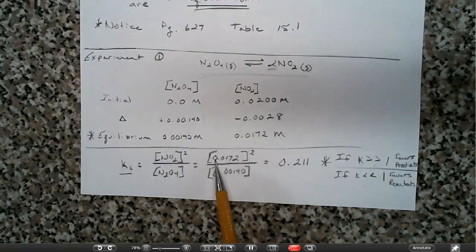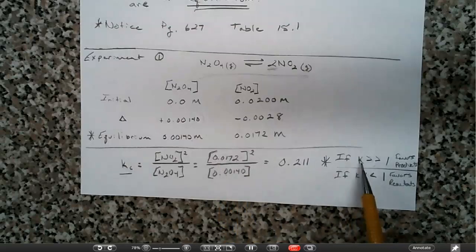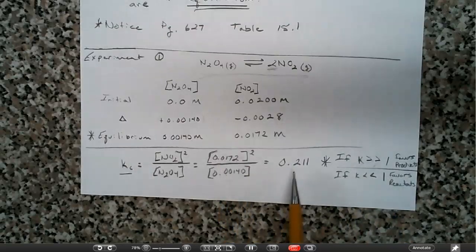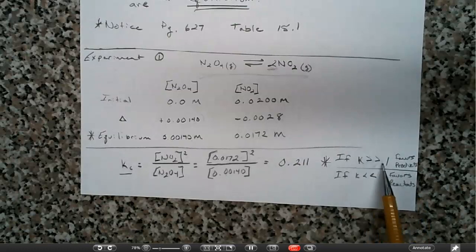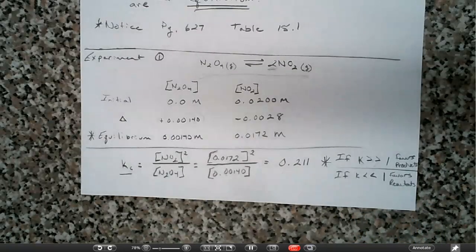Remember, your products are in the numerator, so if this is larger, then your K value will be larger than 1. Notice that ours is less than 1 for this particular situation, so it favors the reactants. Another way they say it is, K greater than 1 favors the right, or goes to the right. But this one favors the left because it is less than 1, or it favors the reactants. Either way is fine.